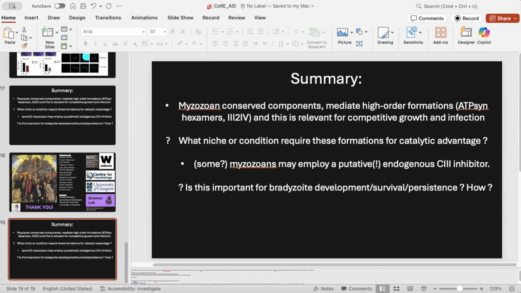I think that's a great question, actually, Stefan, because that's the reason why we look across Myzozoans: we want to find things that could be important for all of these parasites. At the moment, we don't have good evidence suggesting that the complex 3 inhibitor has a homologue in Plasmodium, which is a bummer because that would be really cool.